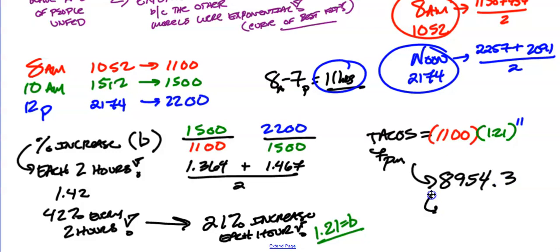So that would end up being 8,955 tacos, estimated tacos sold by the 7 p.m. hour.